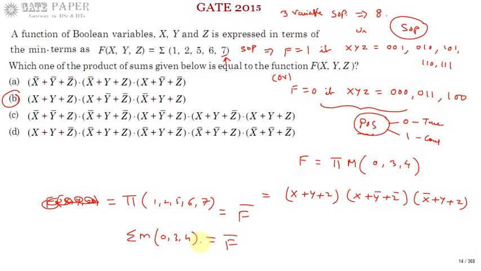You can get the complement from the given SOP expression as well as the true value. If you choose 1, 2, 5, 6, 7 as minterms, then the terms not present in it are treated as max terms, and the corresponding POS expression will be equivalent to f. Otherwise, if you use the same minterms as max terms, then that will be the complement of the given function. Remember this.